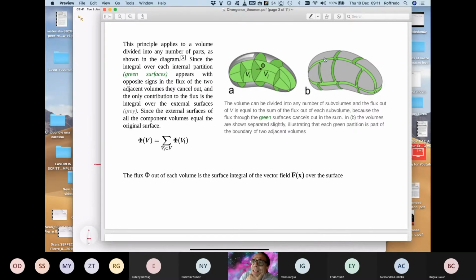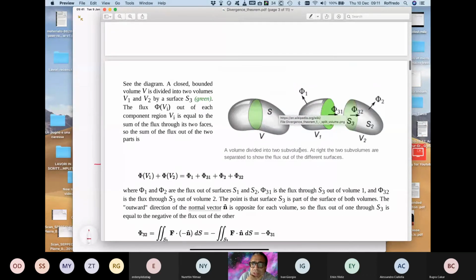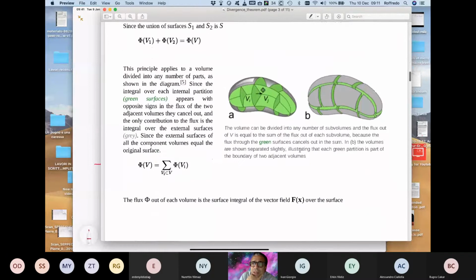So if you split the volume into the union of many different pieces, you can repeatedly apply the reasoning which we did for 2 surfaces. Of course, you will have troubles. Why? Because take this volume. It has one face here, one face. Okay, here it is better. You have this face, the bottom face, this other face, plus the external face, which is this one.